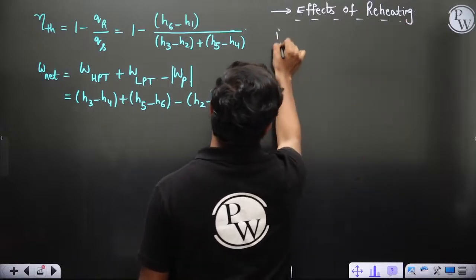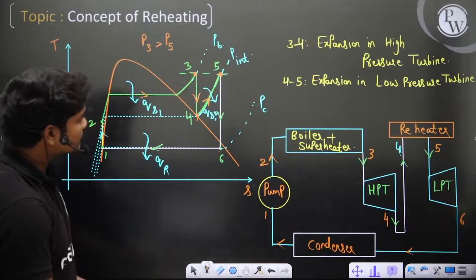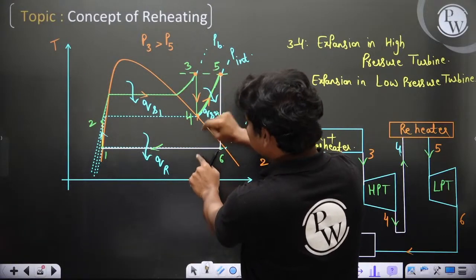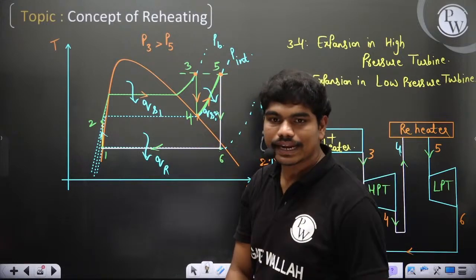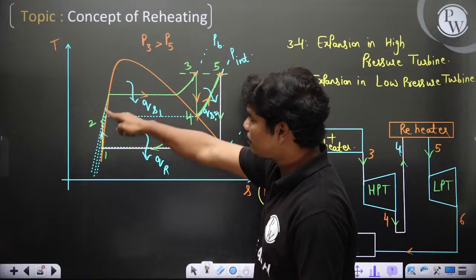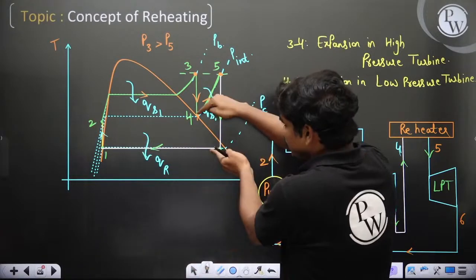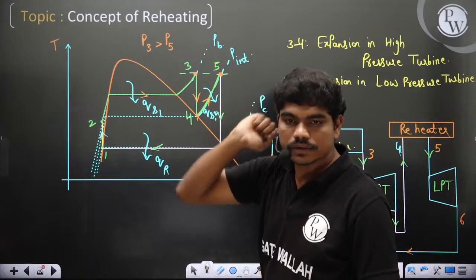So first point, what happens to W net? Let us suppose I have not reheated, my expansion would be from 4 to this point. But because of reheating, what's happening to my work output? Pump work is not changing. You do reheating or you don't, the pump is operating between the same conditions, the same pressure ratio. So what's happening to turbine work?